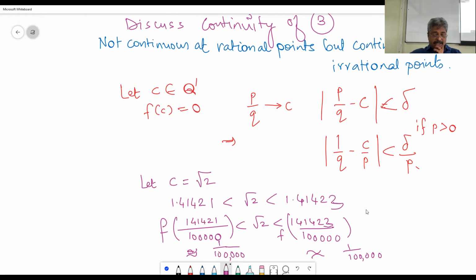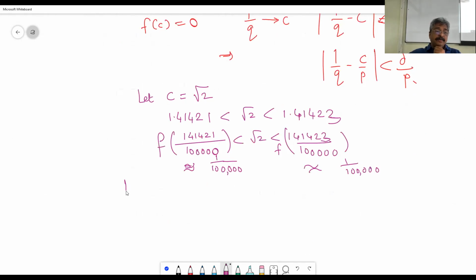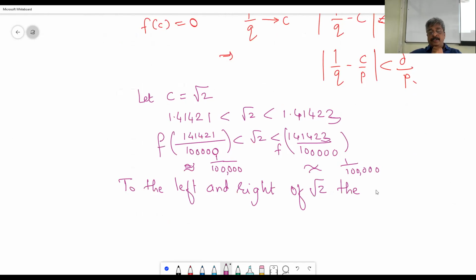Okay. So therefore, in this case, to the left and right of root 2, the value of the function is 1 upon 1000000, which is tending to 0.